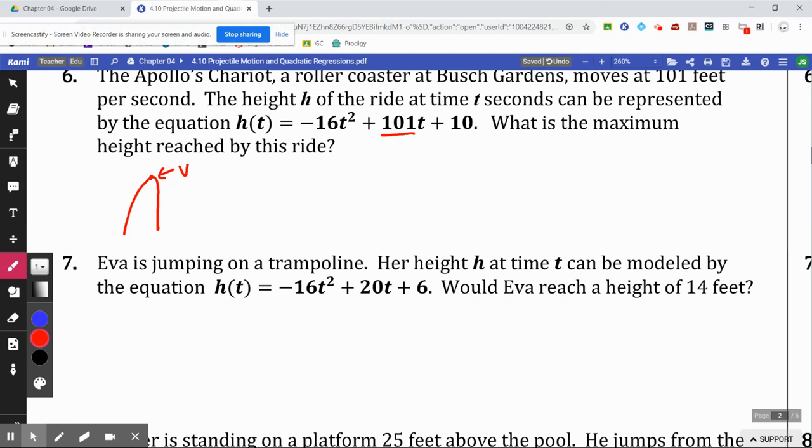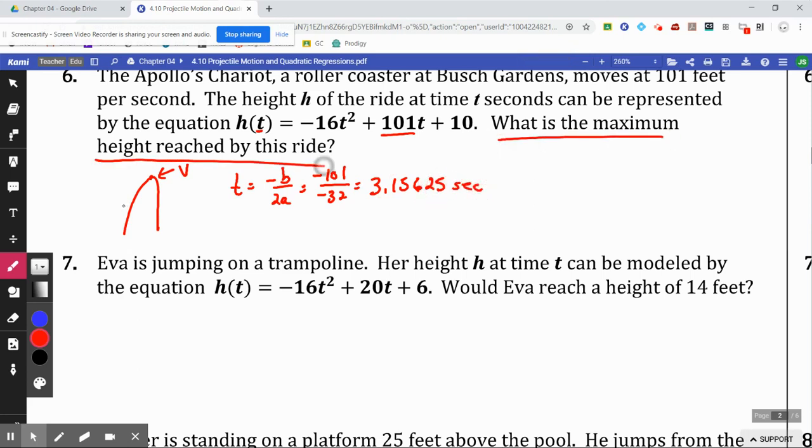That's going to give us our normally x value, but instead of x, it'll give us our t value. So time when it reaches its maximum will be negative b over 2a, and that would be negative 101 over 2 times negative 16, which is negative 32, which is going to be 3.15625 seconds. Now, did that answer the question? What is the maximum height?